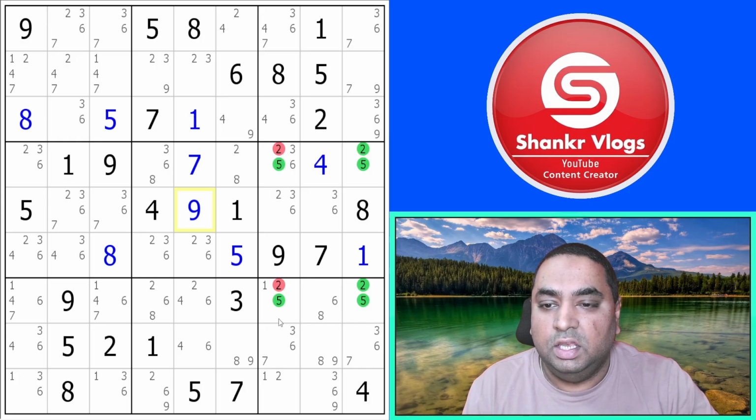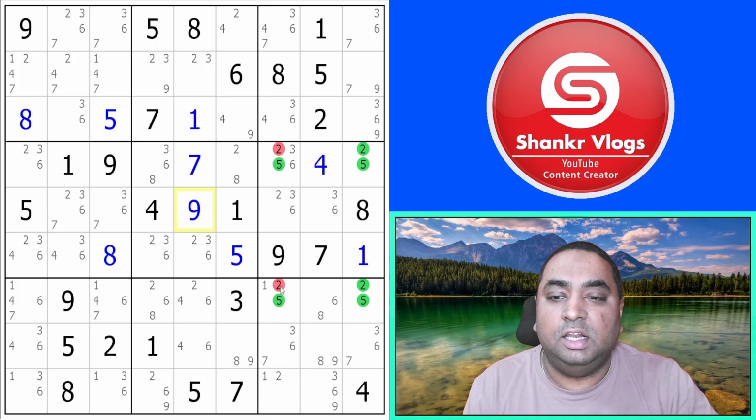In this whole 7th column, 5 is a conjugate pair. After observing 5 is a conjugate pair, we have to retain that 5 in those cells. The other candidate 2 we have to remove, because 2 is appearing in other cells of the same column, that is here and here.